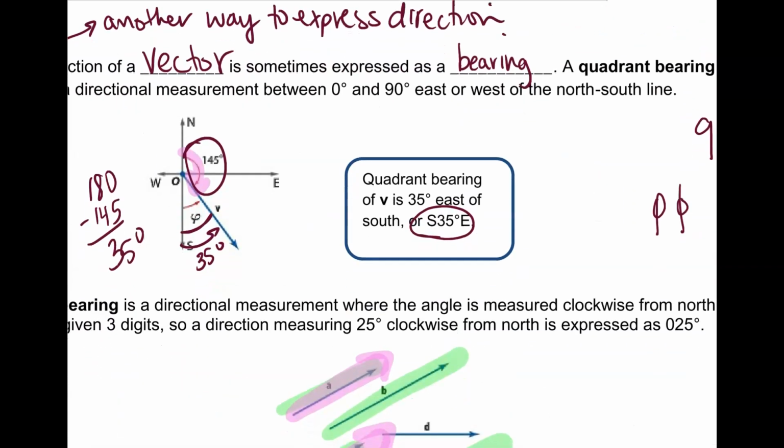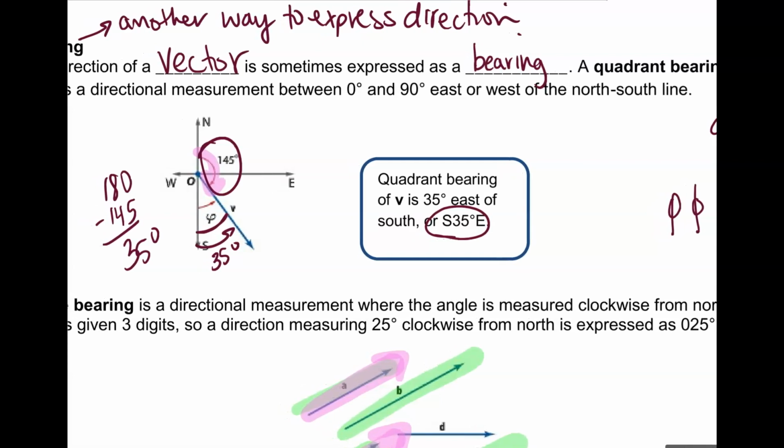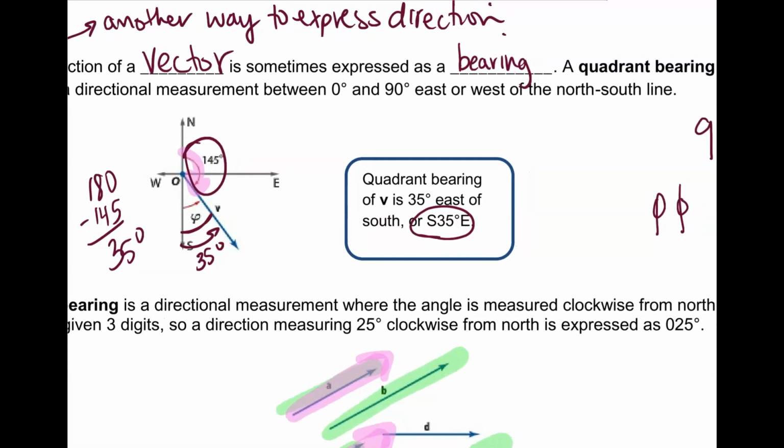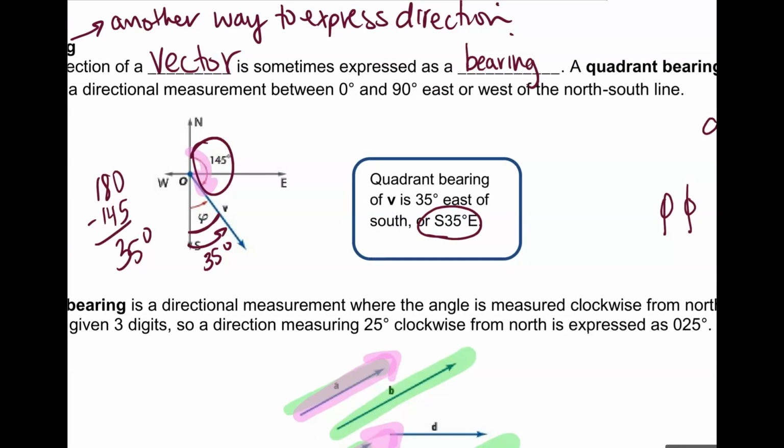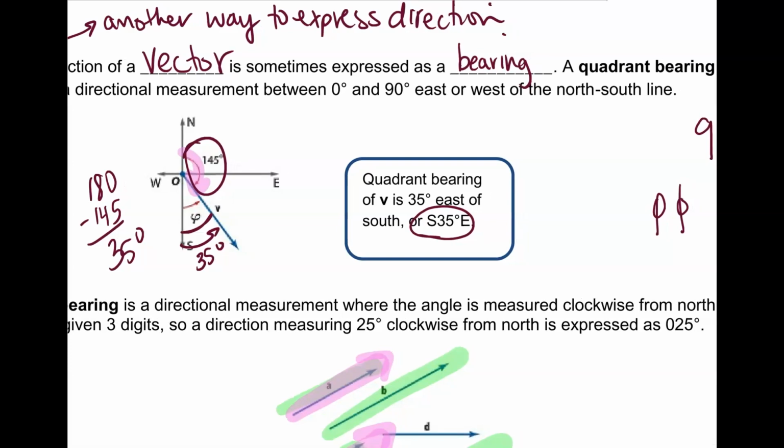Bearing is another way to express direction, right? The direction of a vector is sometimes expressed as a bearing. A quadrant bearing is a directional measurement between 0 and 90, east or west of the north-south line. Notice this is different from the standard position. It is the angle between the vertical line and wherever your angle is going.